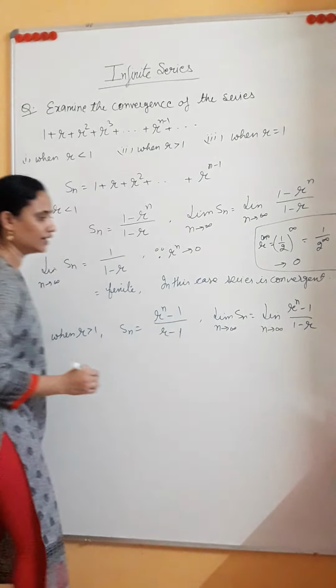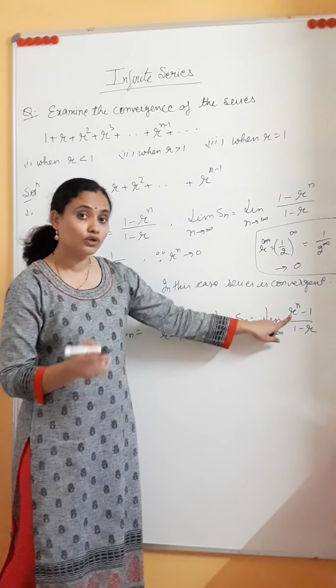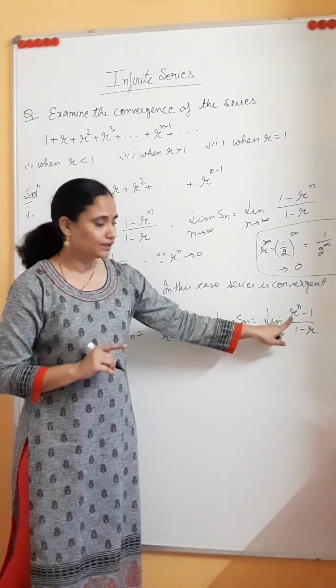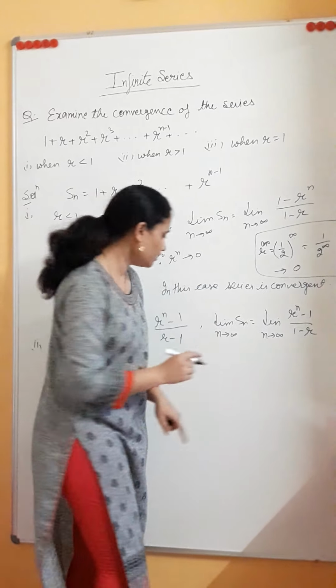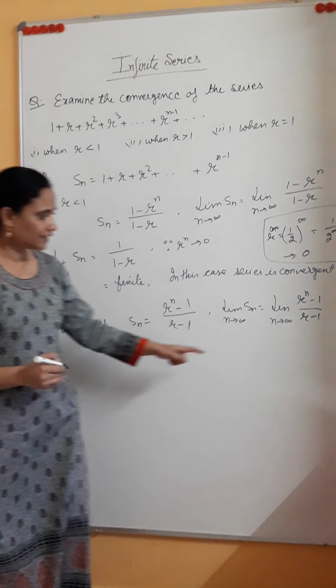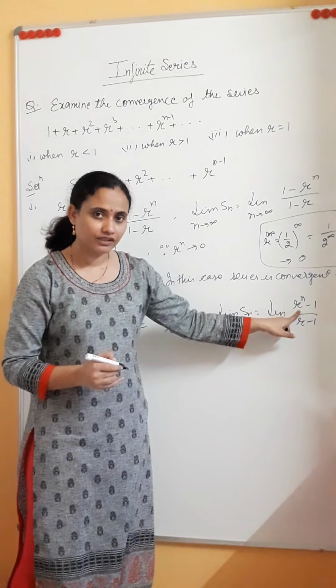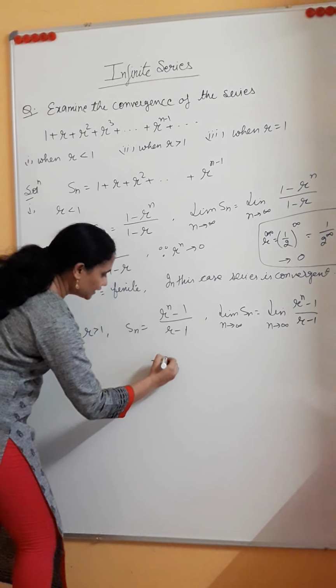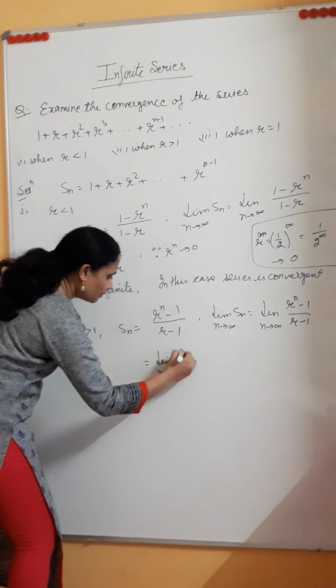Now this r power n, r is more than 1. So if it is 2, for example, 2 power infinity will be infinity, which will make it infinity. Now we have to check, is it possible to remove the term which is making it infinite? Generally what we do, we take that term common. So limit n tends to infinity, r power n if I take common, (1 minus 1 by r power n) divided by (r minus 1).